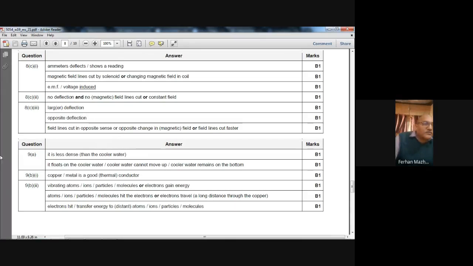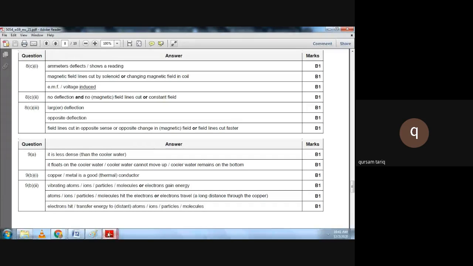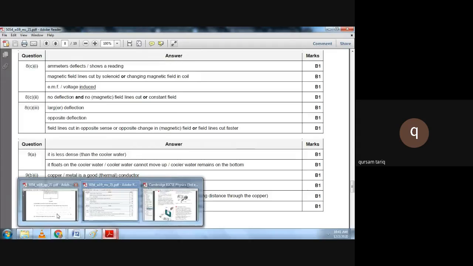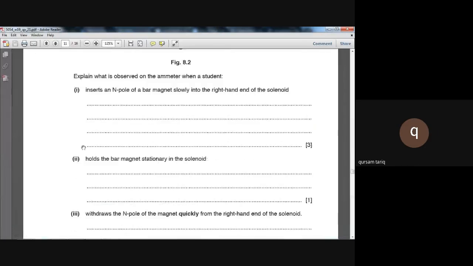Holds the bar magnet stationary in the solenoid. Okay. So when the bar magnet is stationary, the magnetic flux passing through the coil becomes constant. So no EMF is induced and the galvanometer shows no deflection.